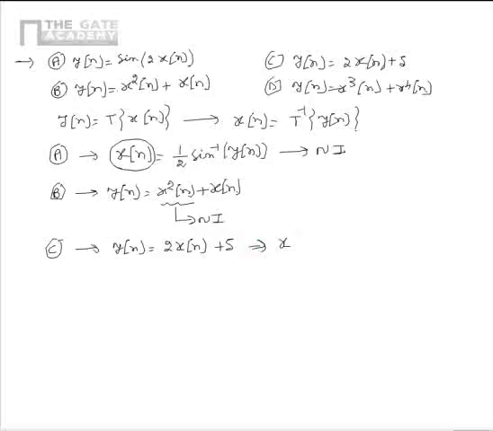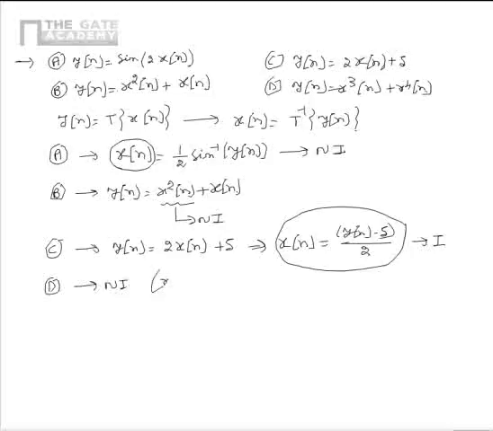From this we can say that the input can be recovered from the output using the relation x of n is equal to y of n minus 5 divided by 2. So the system in option C is invertible, and x of n is equal to y of n minus 5 divided by 2 is the inverse system of the given system. Similarly, the system in D is not invertible due to the term x power 4 of n, hence there is a loss of sign information. So from this we see that the system in option C, that is y of n is equal to 2 times x of n plus 5, is invertible.